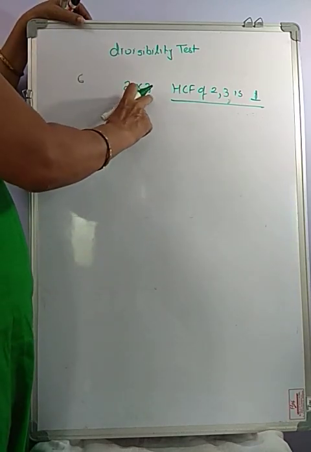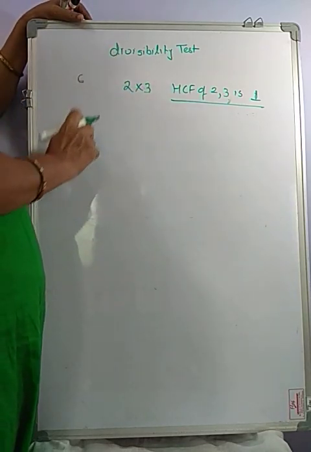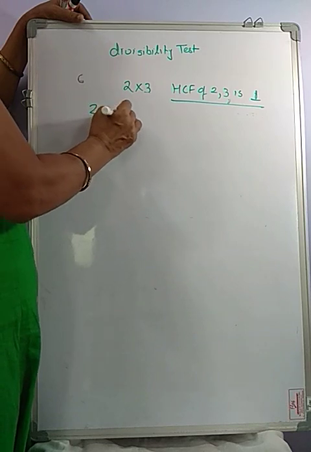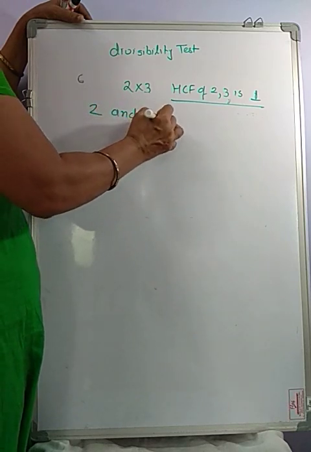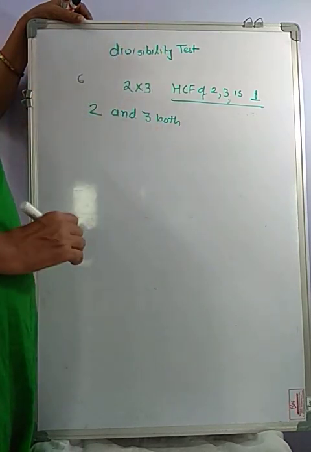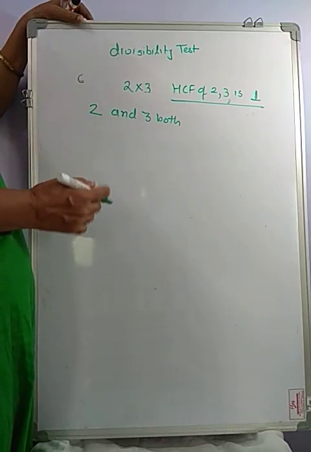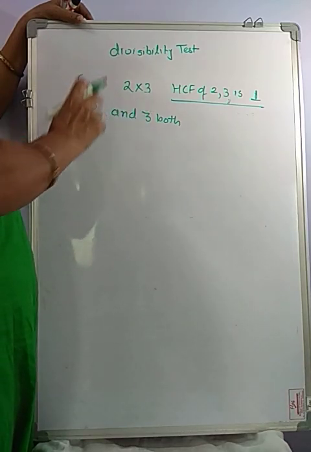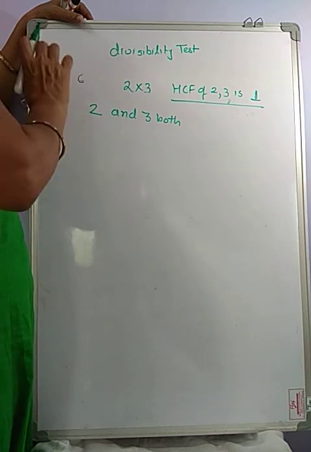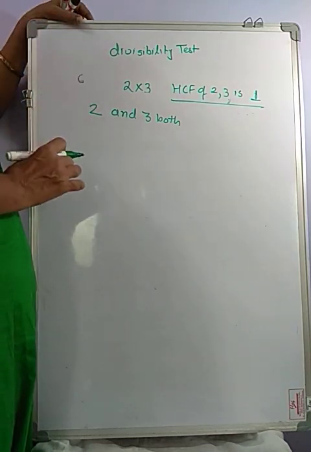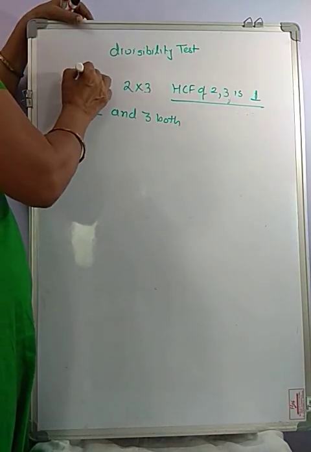If 2 and 3 are co-prime factors and a number is divisible by 2 and 3 both, that is, we can apply the divisibility tests of 3 and 2 to the number, then the given number is certainly divisible by 6.